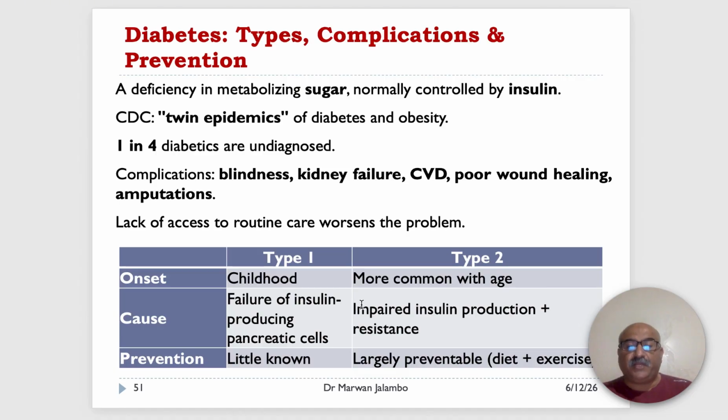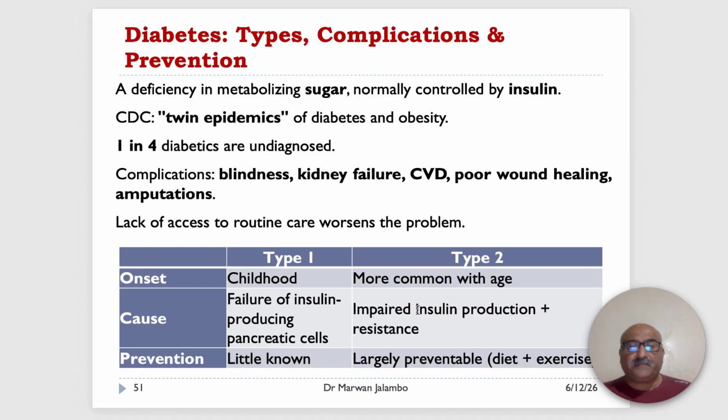Here, the insulin-producing cells of the pancreas simply fail. The factory shuts down. The frustrating reality is that despite decades of research, we have learned very little about how to prevent type 1 diabetes. Type 2 is a different story.